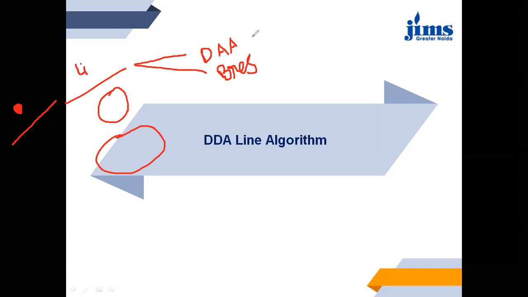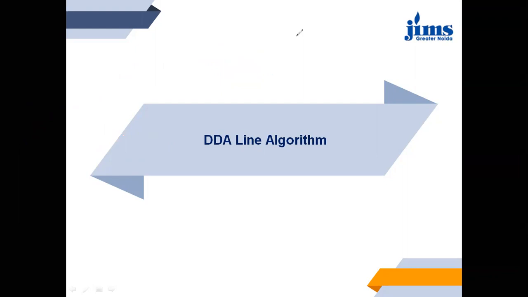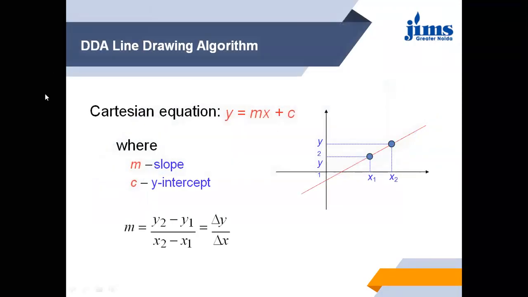In today's class we will discuss these two algorithms, as these are basic building blocks. If they are clear to us, then in next lectures it will be easy for us to understand the techniques, the methods, the process, how it is happening and why, and what processes are going to be implemented.